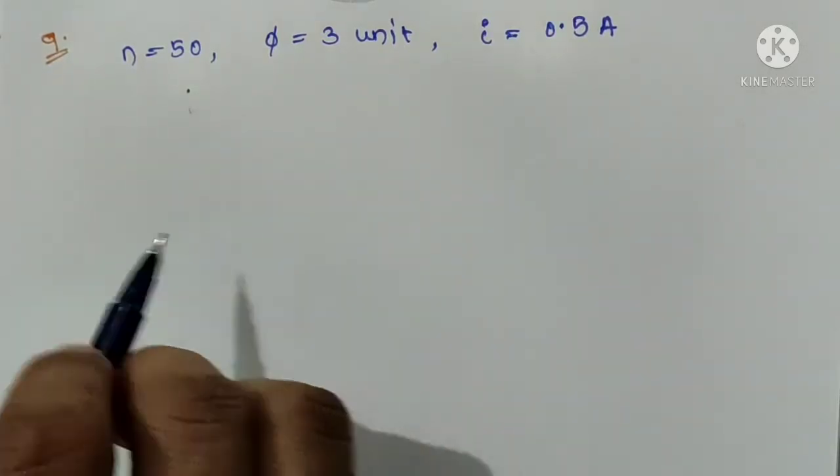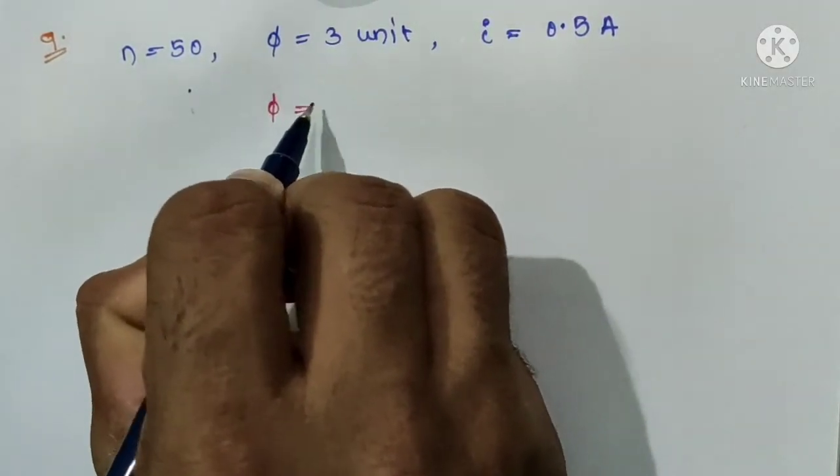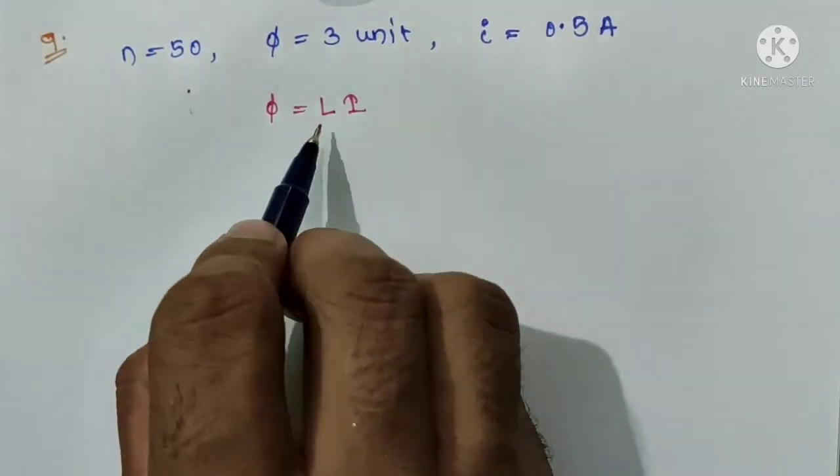Question number 9. The self-inductance of a coil with turns 50, flux 3 units and a current of 0.5 ampere each. So we have to find self-inductance, and we know phi equals to Li, where L is the self-inductance.